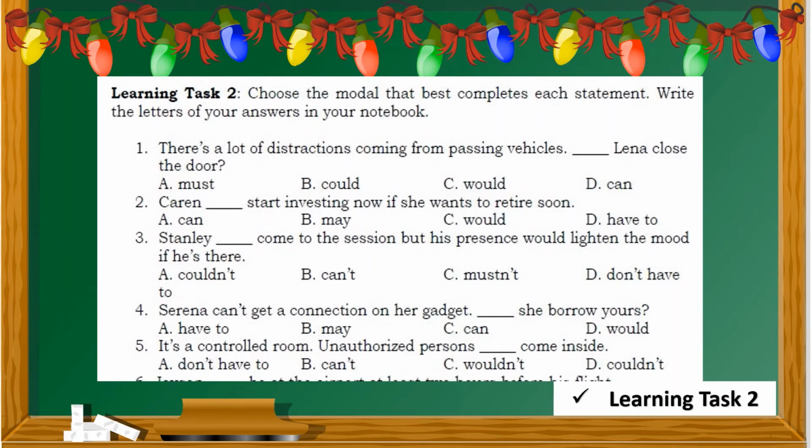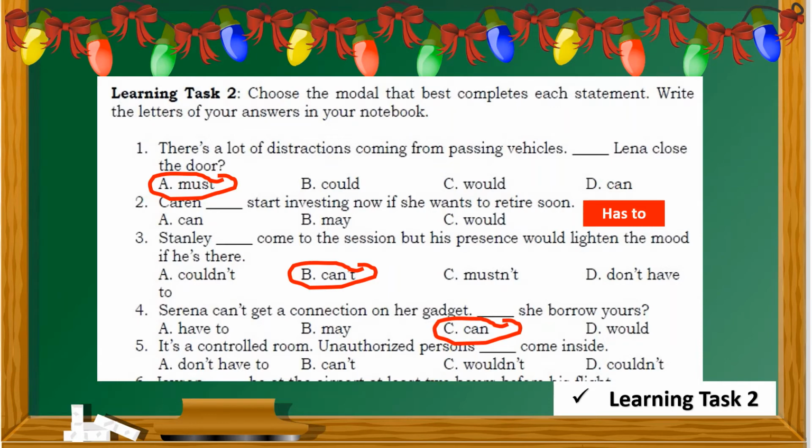Let us now have your Learning Task 2, which is your pretest. For number 1, the correct answer is letter A, must. For number 2, it was supposed to be letter D, have to. But since our subject here, Karen, is singular, it must be has to. For number 3, the correct answer is letter B, can't.